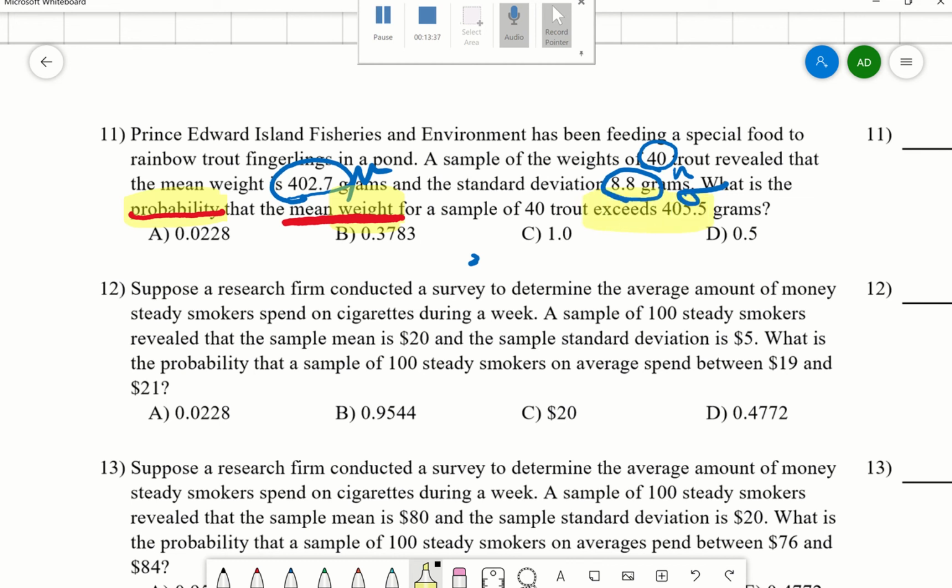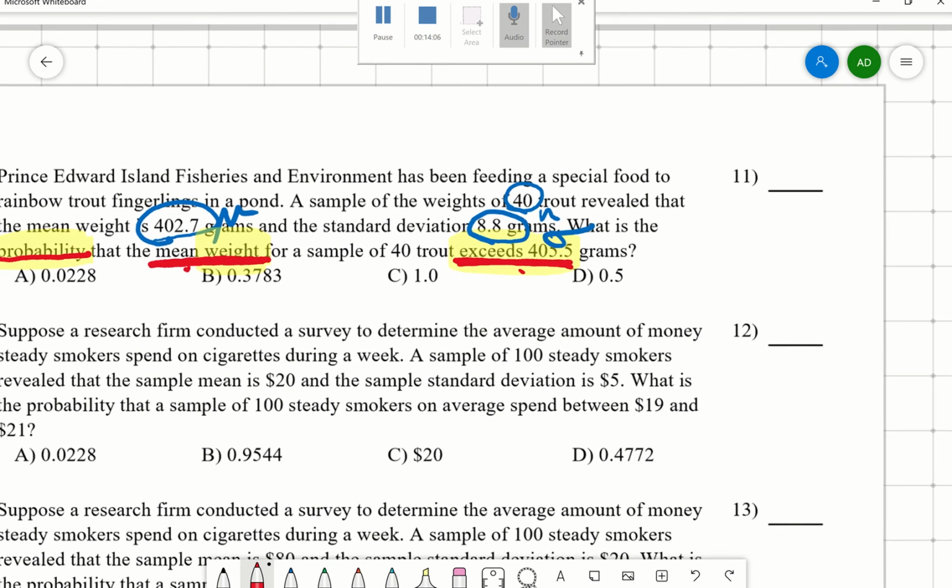So the combination of the three highlighted areas, that is chapter 6. The collection of the red underlined areas, the combination of the three. What is the probability mean weight is more than 405.5? That is chapter 7. Okay, so that's that identification you must do on your own.